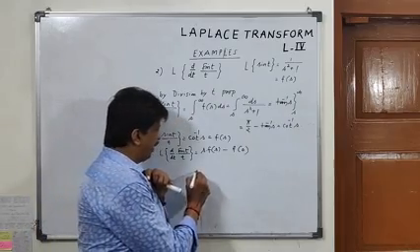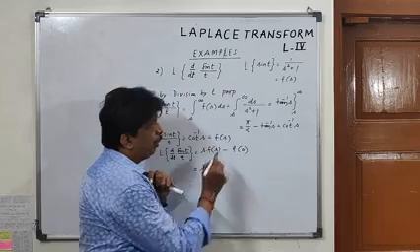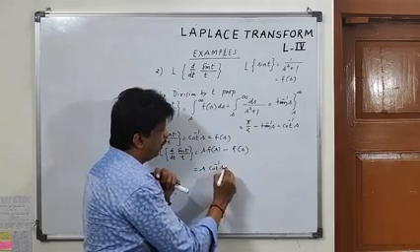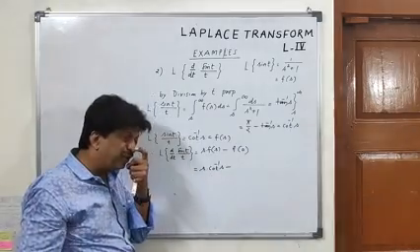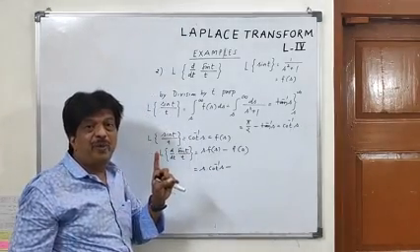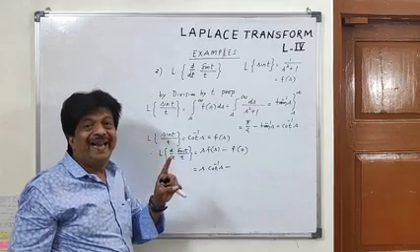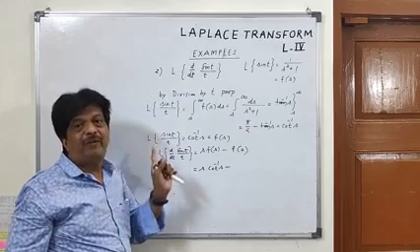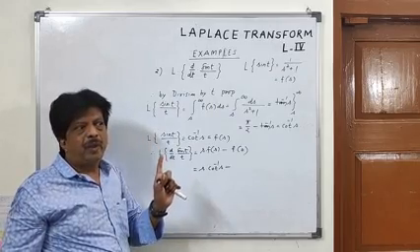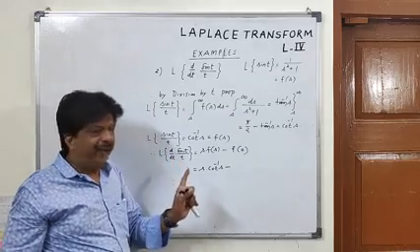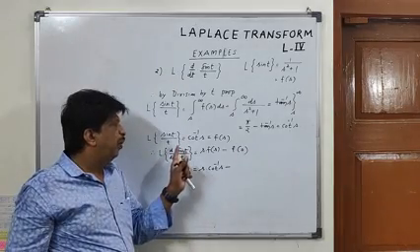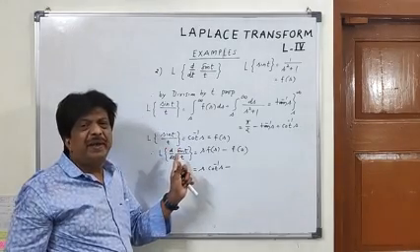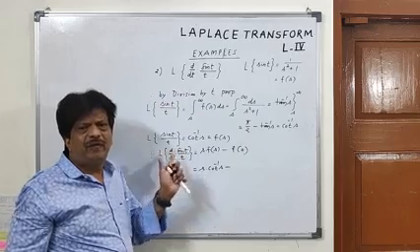That is equal to s into cot inverse of s minus f of 0. f of 0 means the value of f of t at t equal to 0. What is f of t? It is sine of t by t. So the value at t equal to 0 of sine of t by t means the limit as t tends to 0 of sine of t by t.